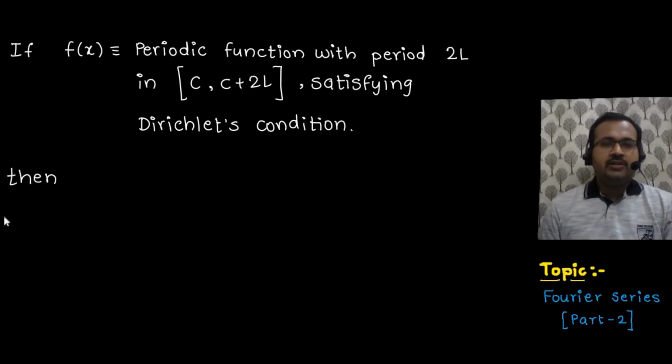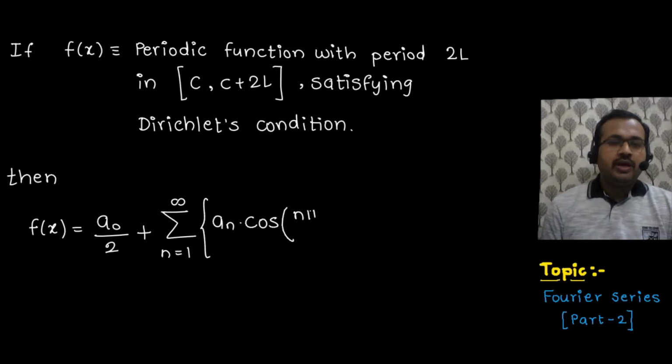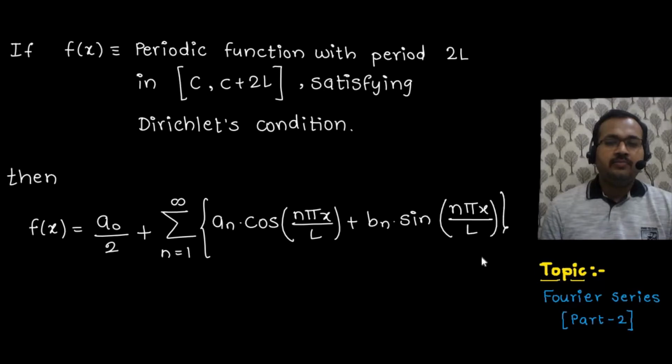Then Euler's representation for a Fourier series is given by f of x is equal to a0 upon 2 plus summation n varying from 1 to infinity of an into cos n pi x upon l plus bn into sine n pi x upon l.